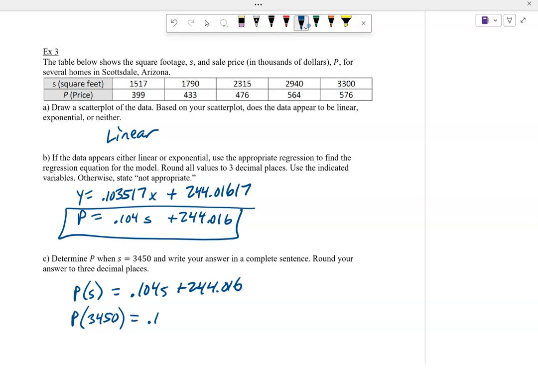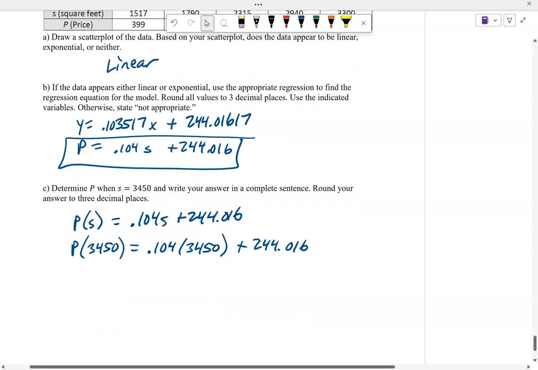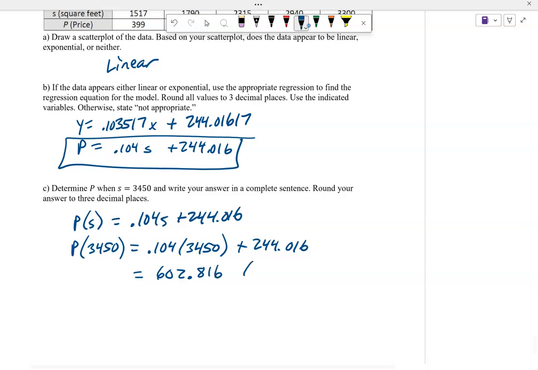Ooh, we are buying a nice home. This will end up being 602.816. Remember, this is in thousands, right?